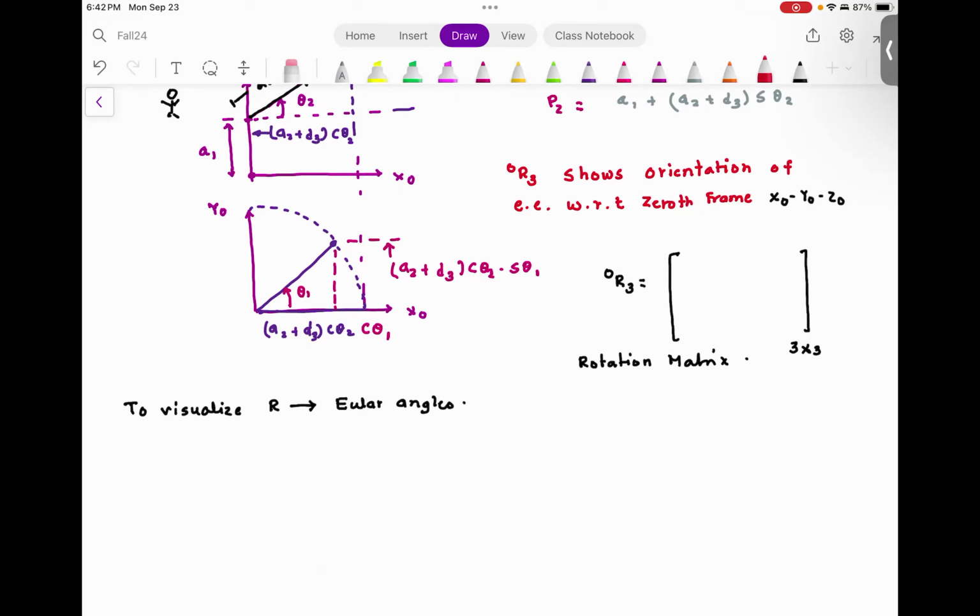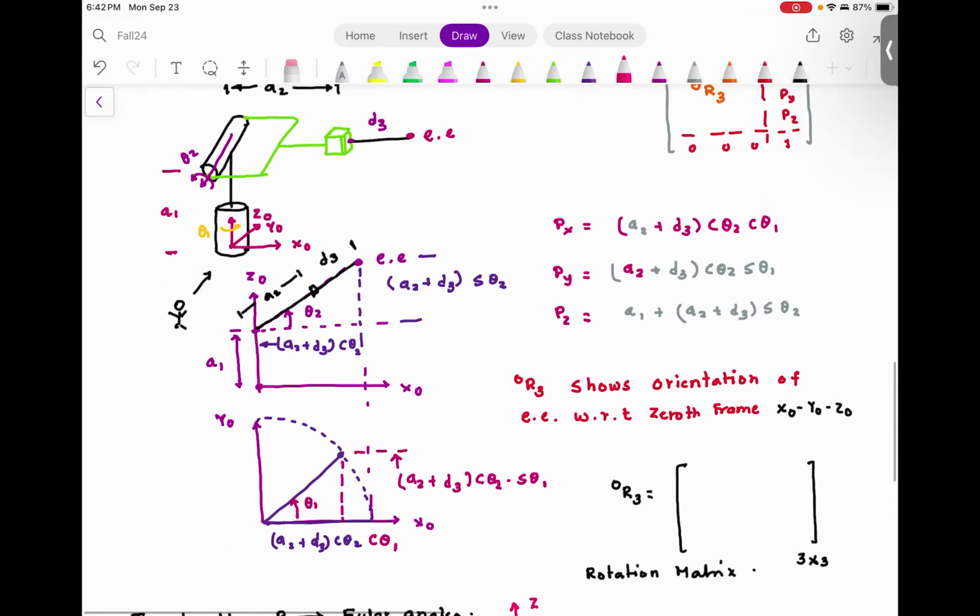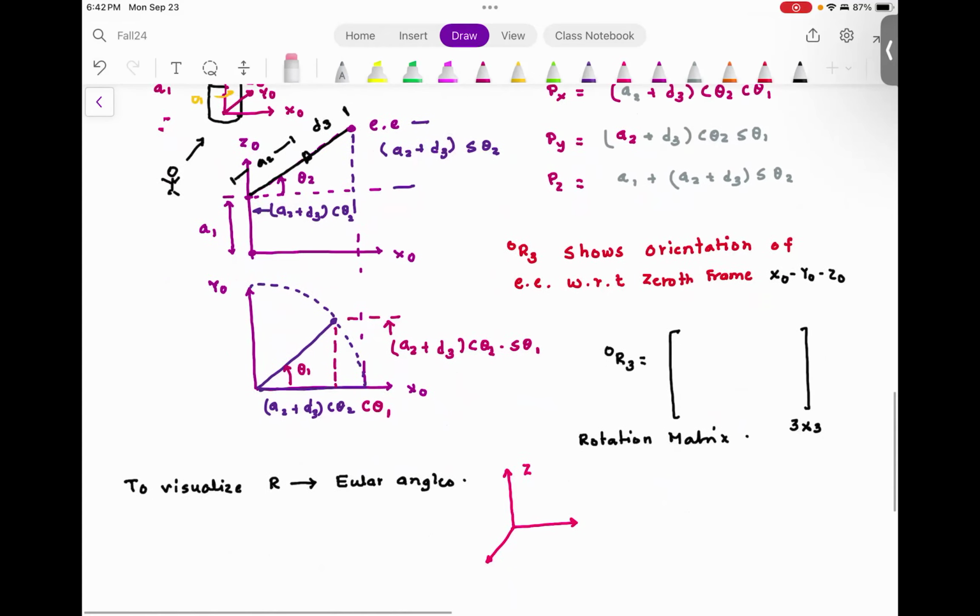And Euler angles are nothing but the rotations about the axes. So for example, if you have this axis, you have this z, you have this x, and say you have this y.